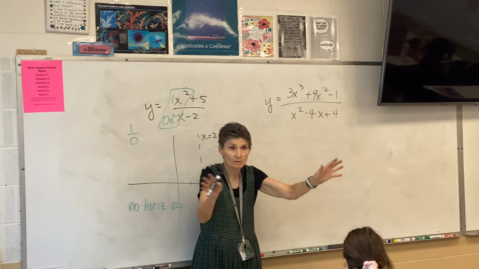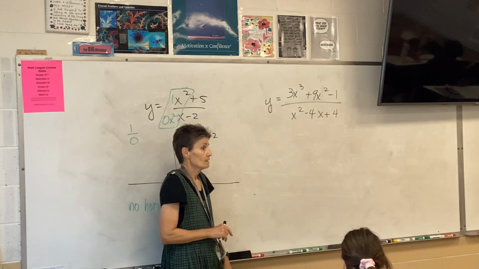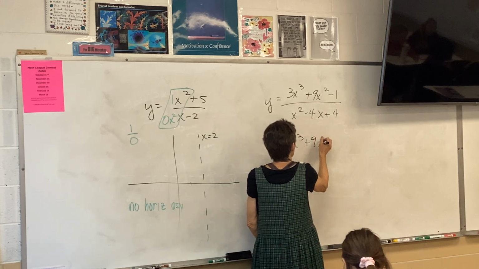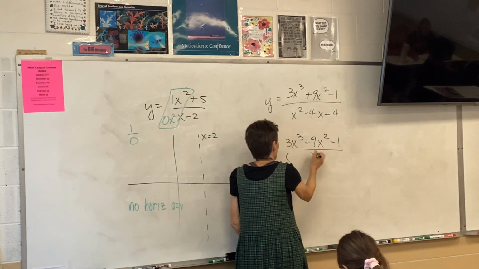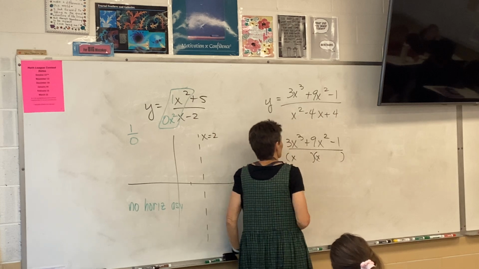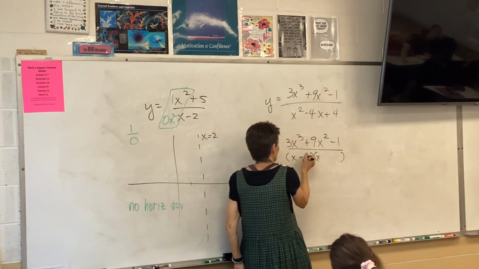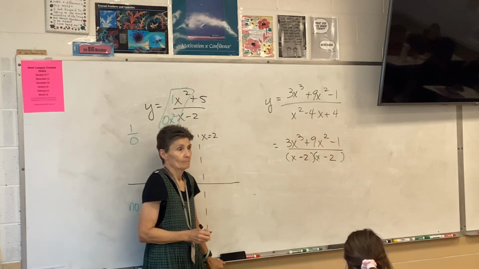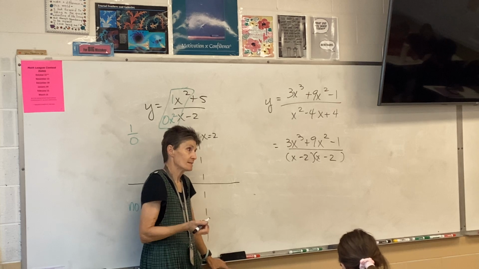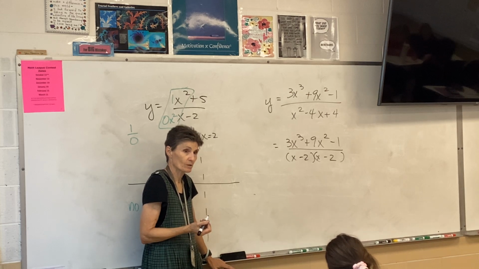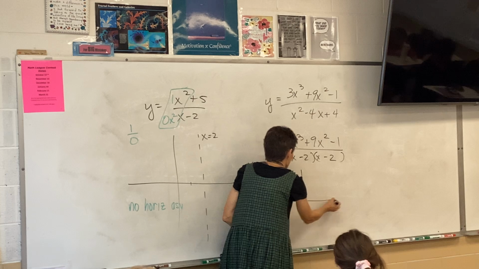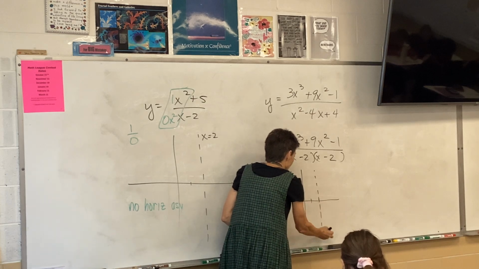So done, don't mess with the top. Does the bottom factor? Yeah. How does the bottom factor? x minus 2, x minus 2. Now a minute ago I said if there are 2 x's down there, there are 2 vertical asymptotes. Not this time, because they happen to be the same. So there's one vertical asymptote, and it's at 2.